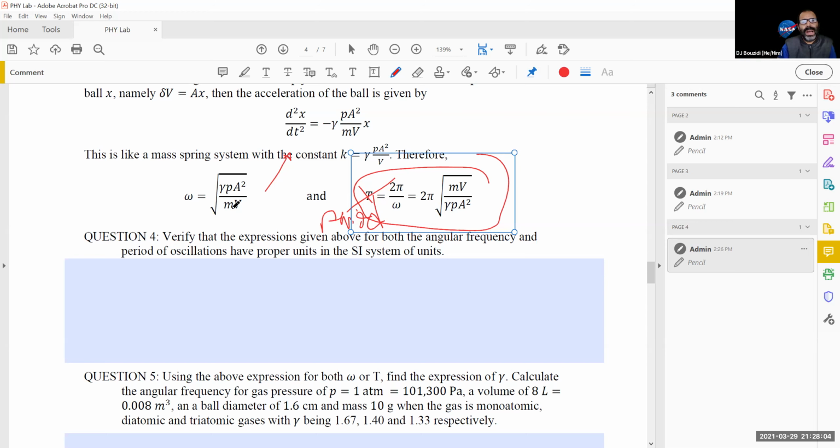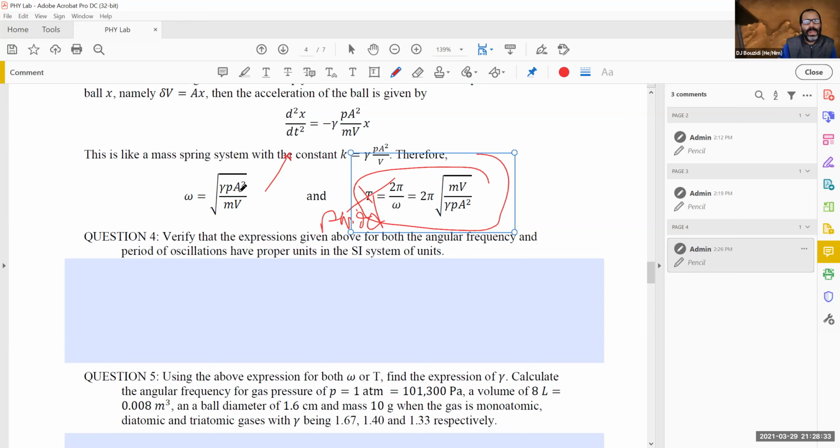And then this is the mass, and the mass in here is in kilogram, and the volume is going to be in meter cubed.